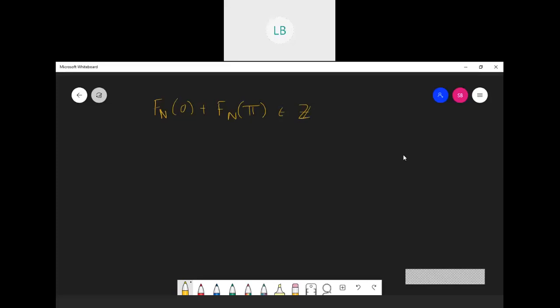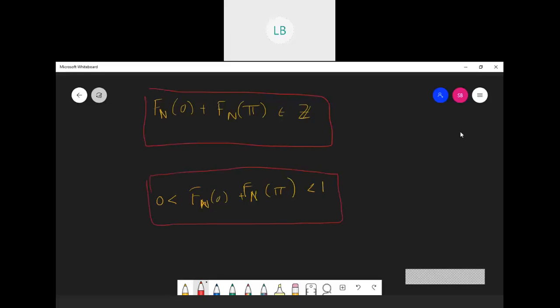We don't actually need that, so I didn't mention it, but what we need is this. We know this is an integer. Again, we know that capital Fn(0) plus capital Fn(pi) is less than 1 and greater than 0, right?